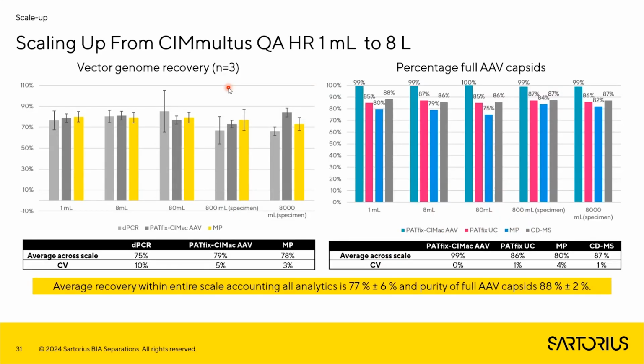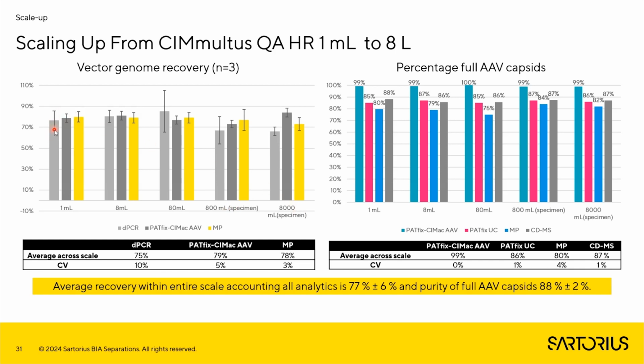If we look at the data, we assessed it by vector genome recovery and percentage of full. First, we'll focus on the vector genome recovery. We've done 3 replicates per analytics and also per column. So we have it shown by 1 ml column, 8 ml column, 80, and then 800 and 8000 ml column.